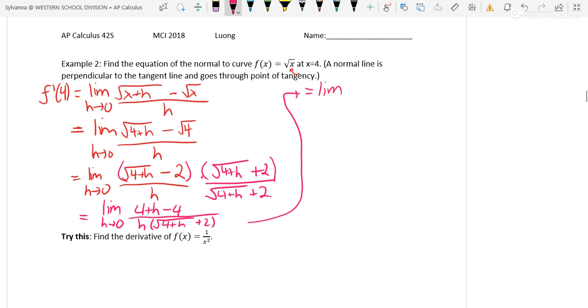Okay, so I can cancel the 4 out of my numerator, as 4 minus 4, which leaves just h. I still have h at the bottom, but now I can see that we can cancel that h out, like that.